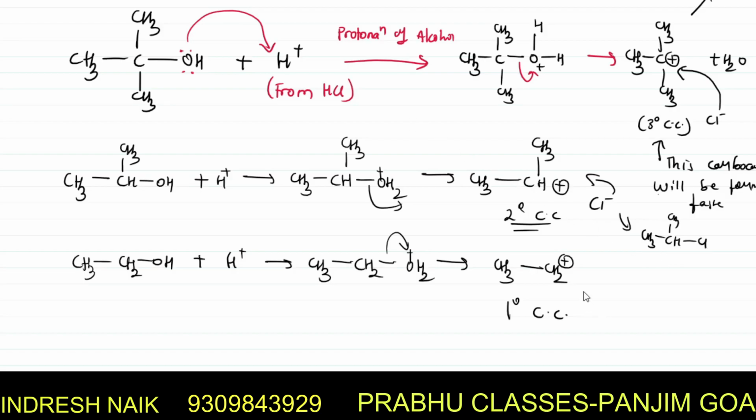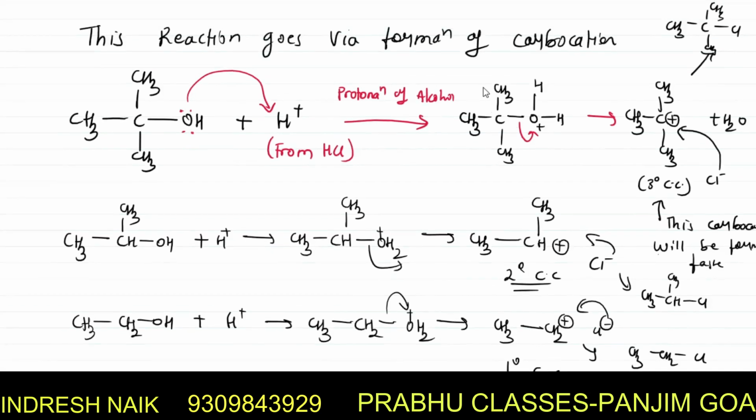In tertiary alkyl halide, there is a tertiary carbocation. That's why for tertiary alcohol this reaction is faster and you get a faster turbidity, and that is how you can identify whether it is a primary, secondary, or tertiary alcohol.